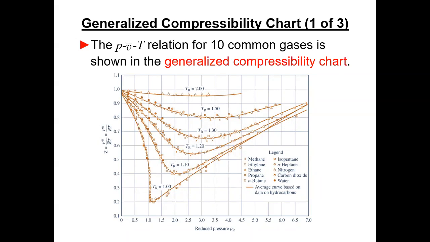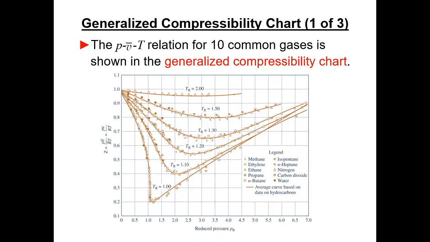But we need to look at the different parameters. So reduced pressure. What that is, that's your pressure divided by the critical pressure. You know, on the saturation dome, we got that little dot up at the top of the dome. And that pressure up there, that's the critical pressure.